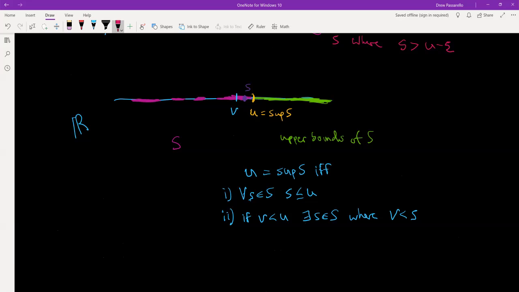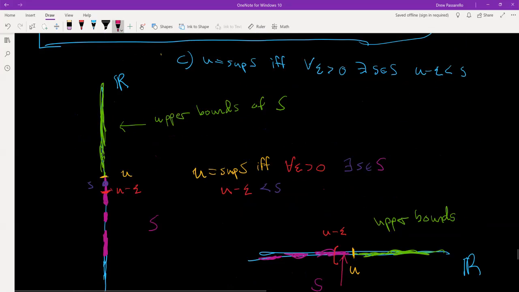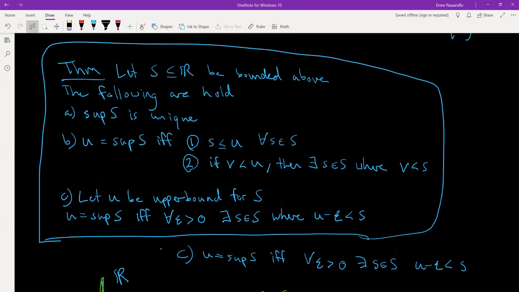And then if there's a value B that's less than U, then there's some value s in between, such that B is less than that value s, which is less than or equal to U. All right, so that covers that theorem.